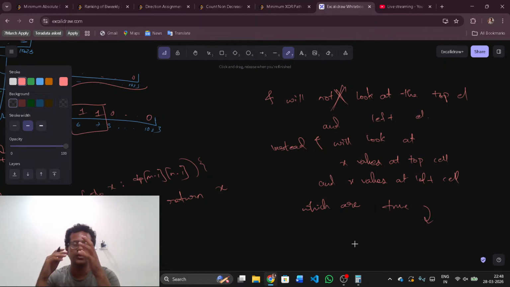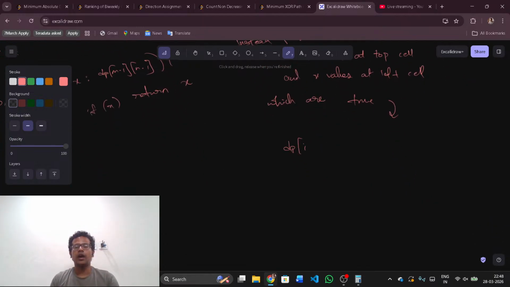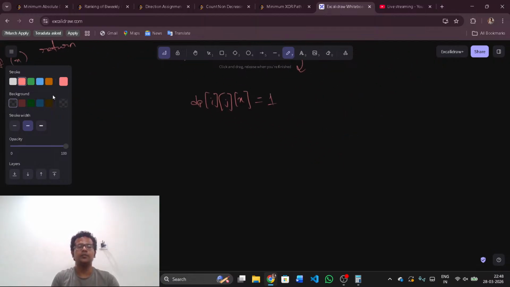That means if you have understood only this thing, that dp of i, j, x is equal to 1, it is clearly saying that I can get x value as XOR ending at cell i, j.